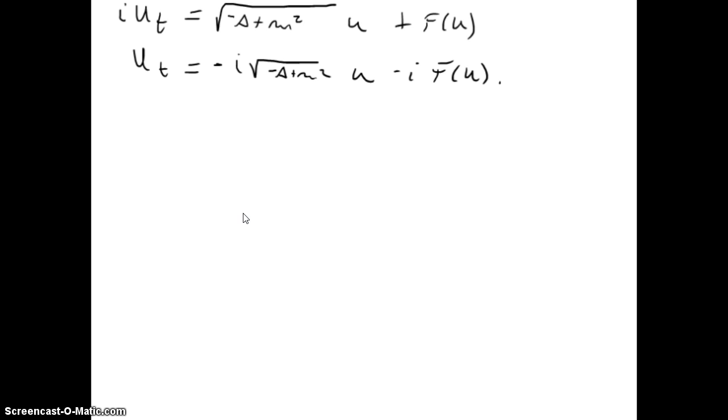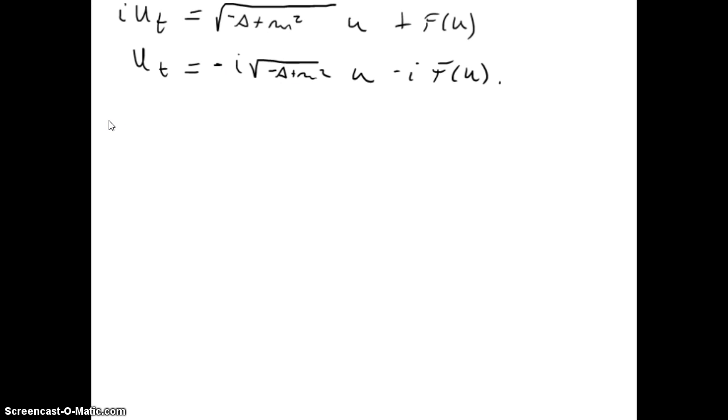So for the conservation of charge first, remember we have i u_t equal to the operator applied to u plus f(u). If we take the i to the other side, we will obtain u_t equals minus i A u minus i f(u).